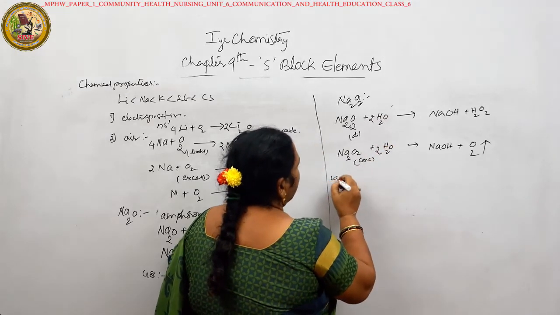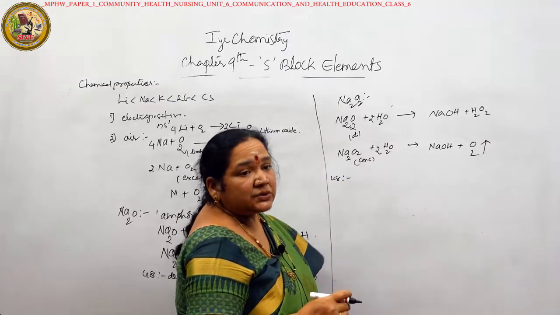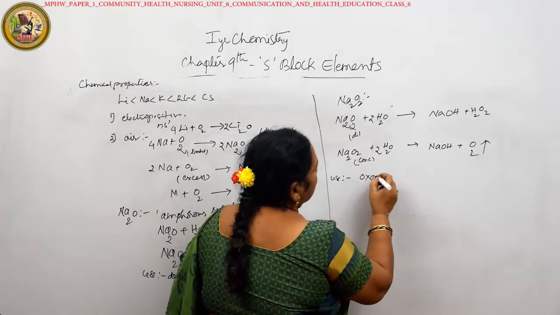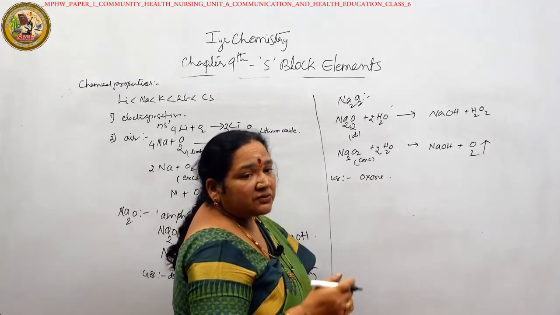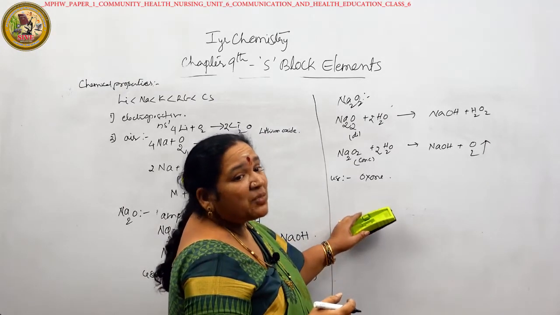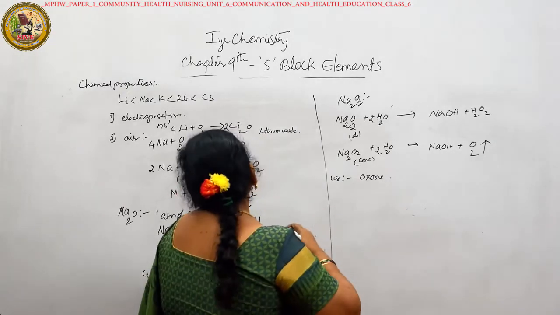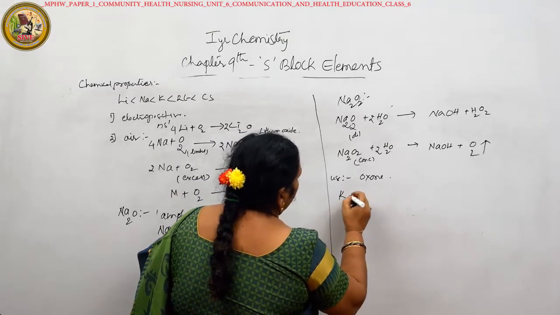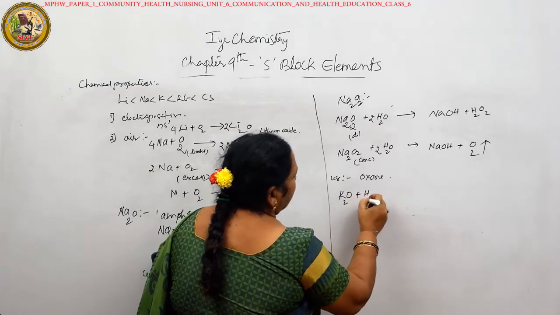Next, what is its use? It is used for the production of oxygen under the name oxone. Next, what happens when potassium oxide is dissolved in water?